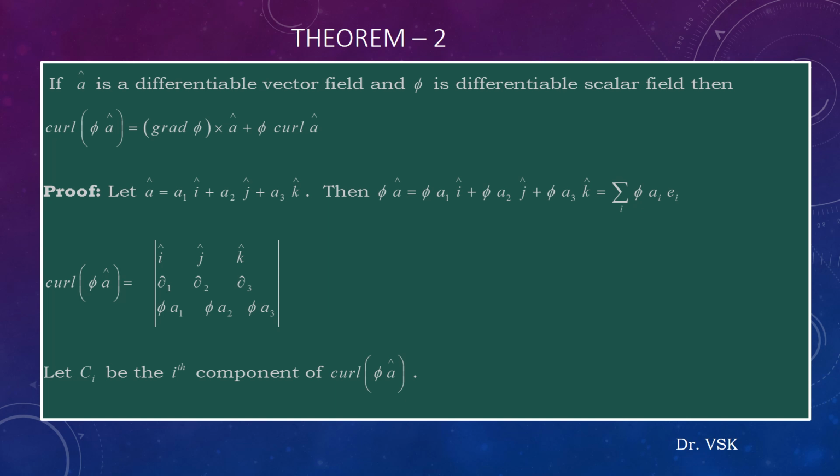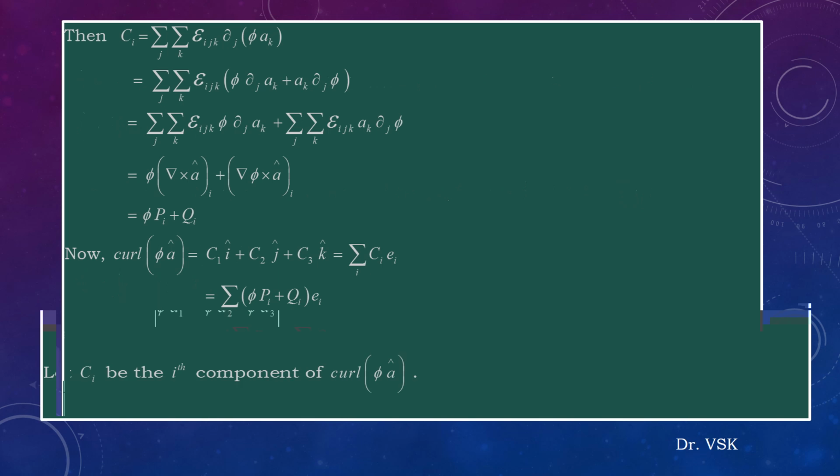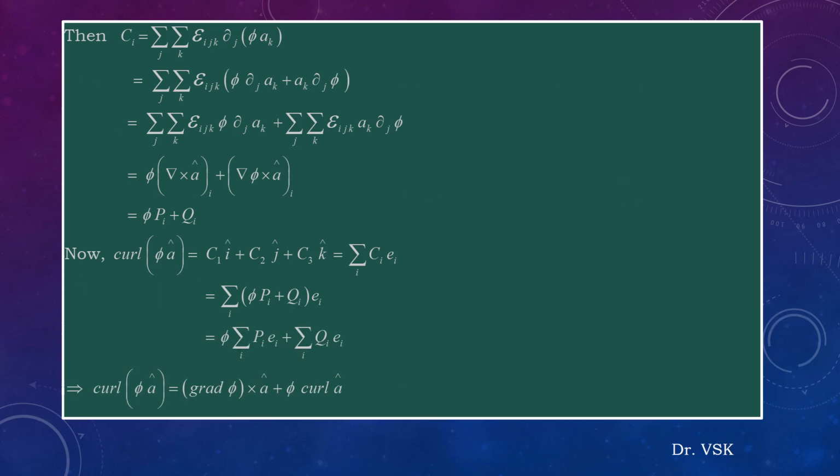So let C suffix i be the ith component of our curl of phi a cap. We represent the ith component C suffix i of curl of phi a cap by using the Levi-Civita tensor as follows.